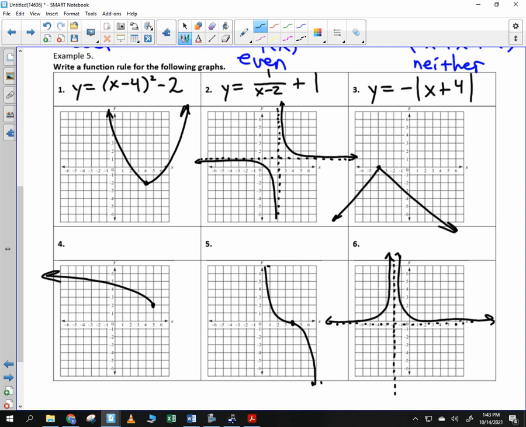It's a vertical flip, so the negative will sit on the outside. I get that. Why is 4 inside? Because it's a horizontal shift. Oh, yeah. If it's a vertical shift, then it sits on the outside.